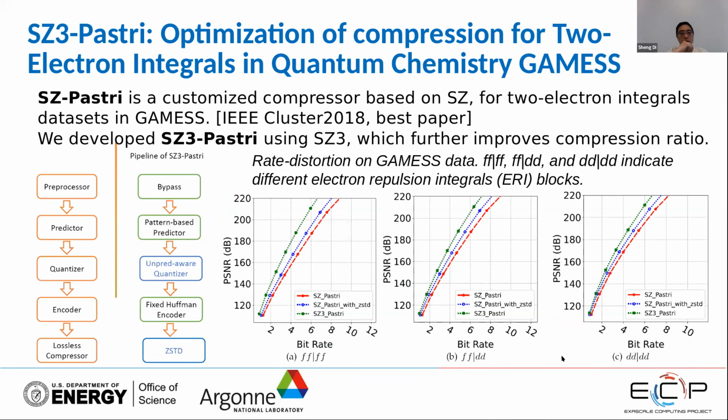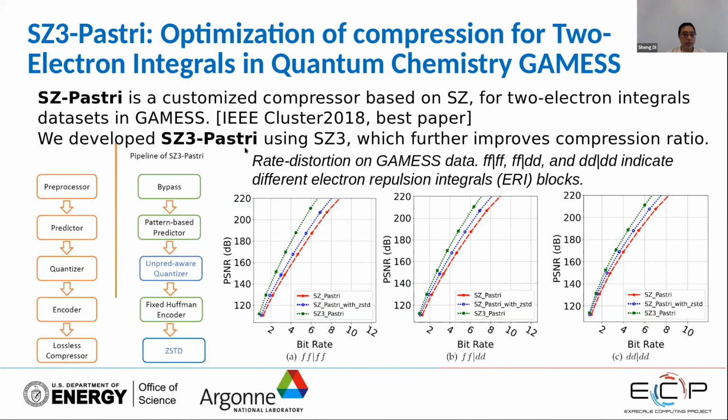Another good story is Petri SZ, which is a customized compressor for two-electron integrals datasets in GAMESS. This work was published in Cluster 2018, and it received the Best Paper Award.